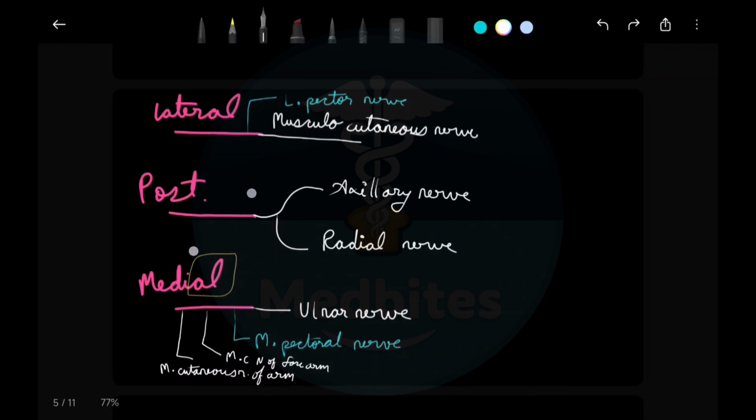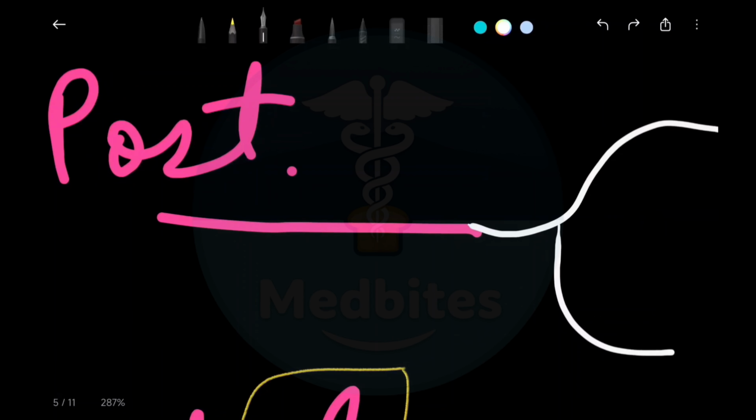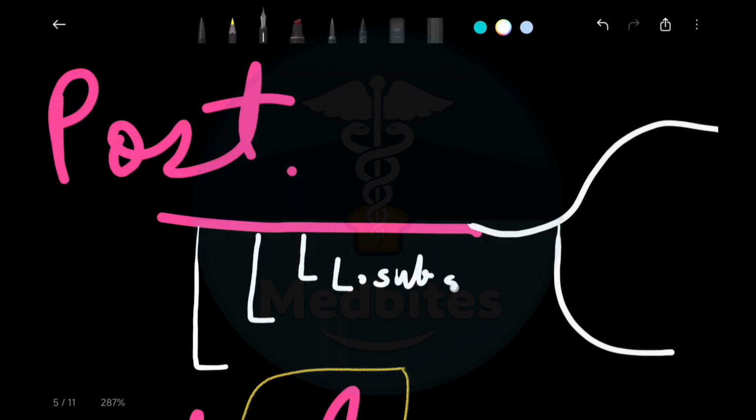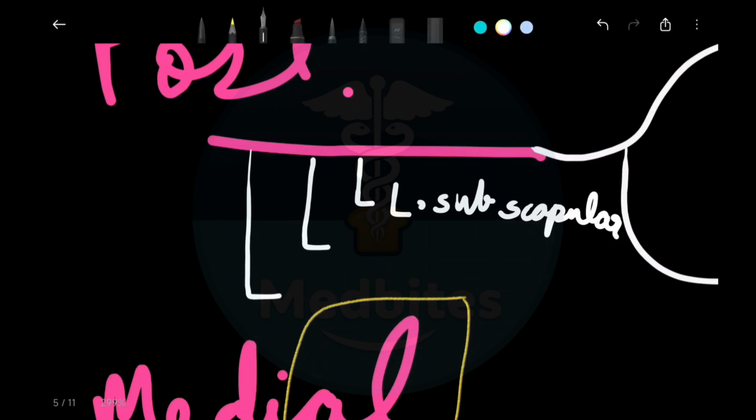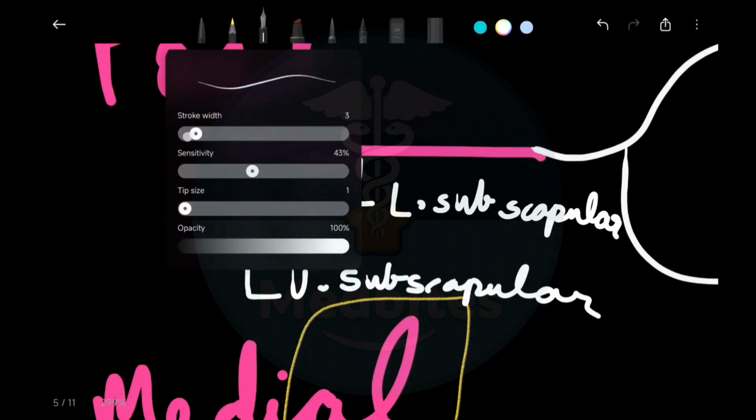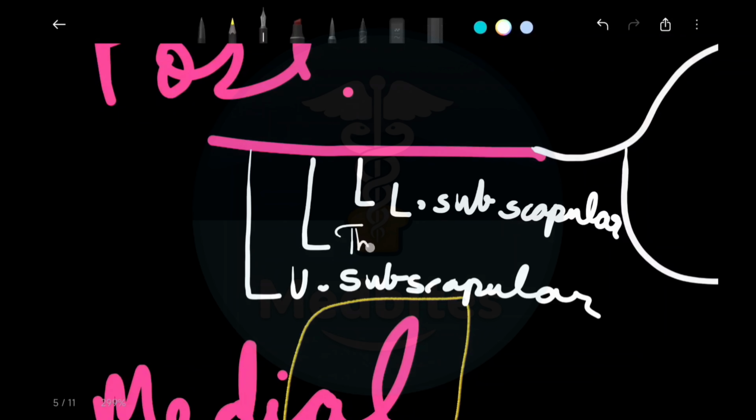Finally, the posterior cord gives rise to three more branches. These are the lower subscapular nerve, upper subscapular nerve, and thoracodorsal nerve.